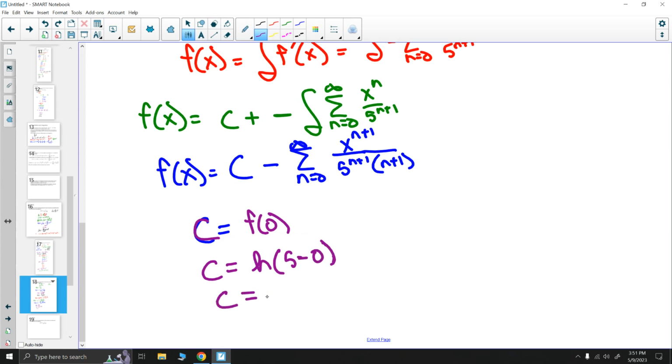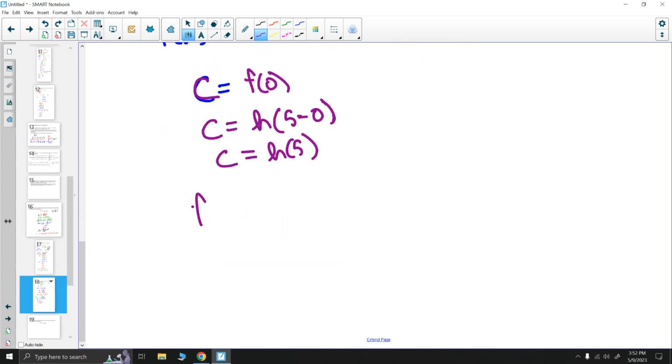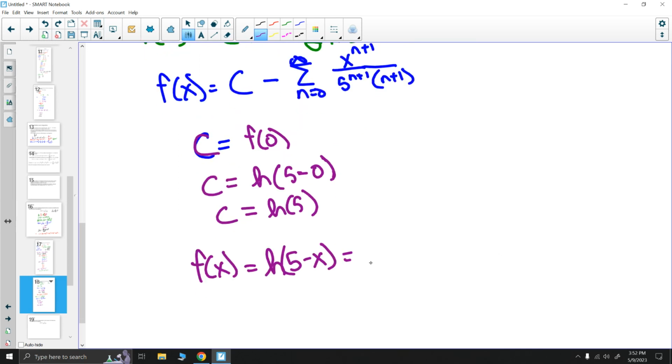So that is to say our c is natural log of 5. So we're saying that our function, natural log of 5 minus x, can be written as the power series ln of 5 minus the sum n equals 0 to infinity of x to the n plus 1 over 5 to the n plus 1 times n plus 1.